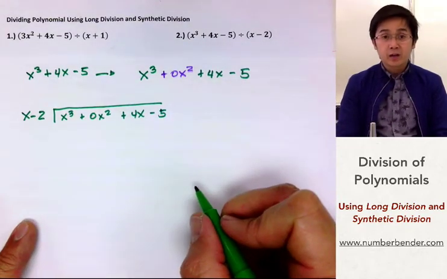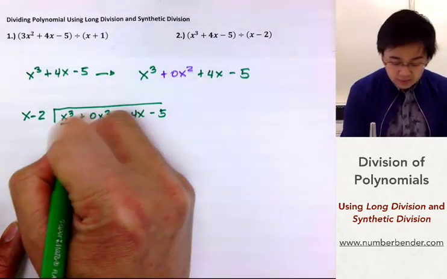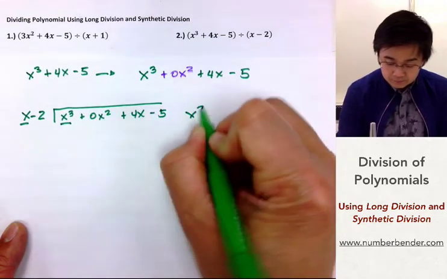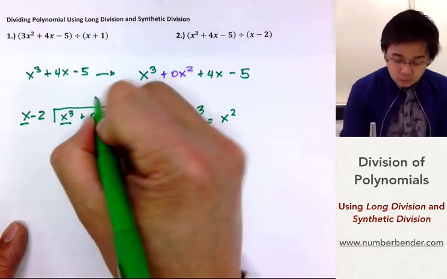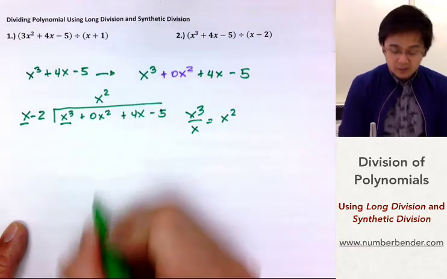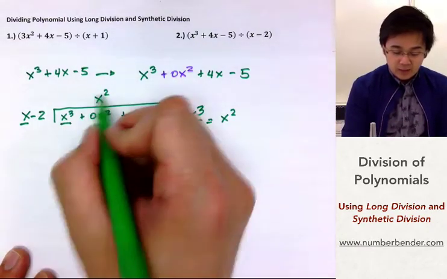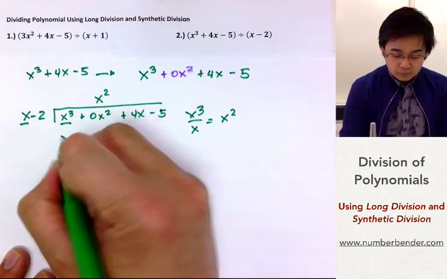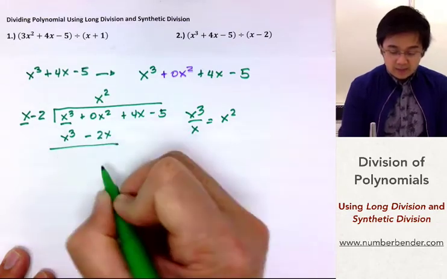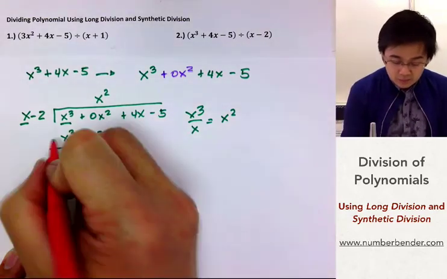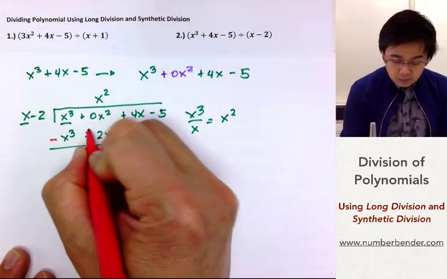So just like what we did on the first example, we will divide x cubed by x, and we'll have x squared. We'll line it up with our x squared right here, and then multiply it back to x minus 2. Minus 2x squared, and then we will change the sign. So this becomes negative, this becomes positive.